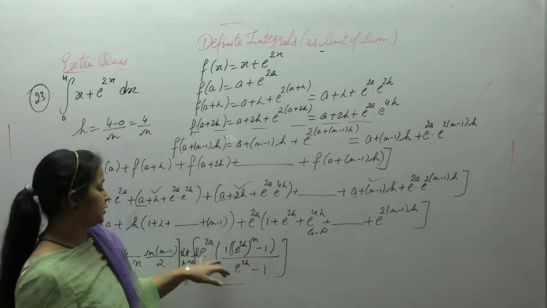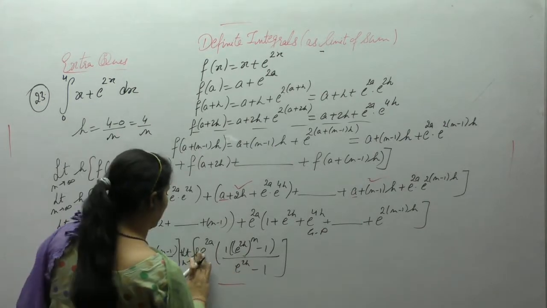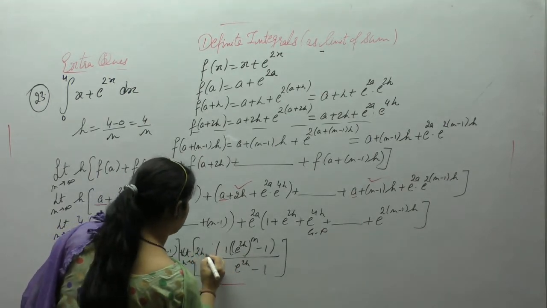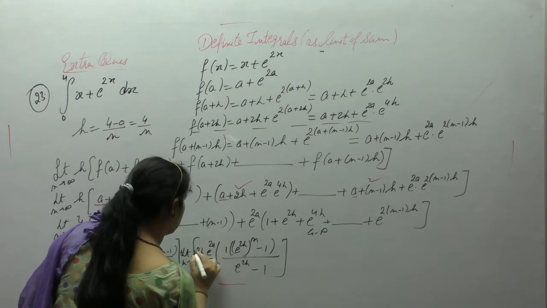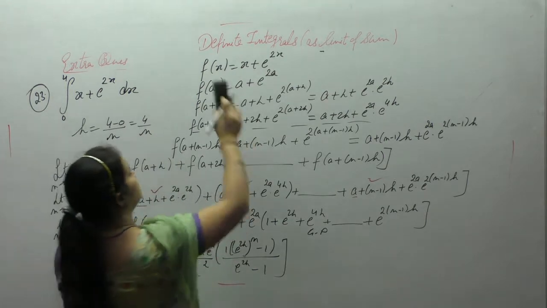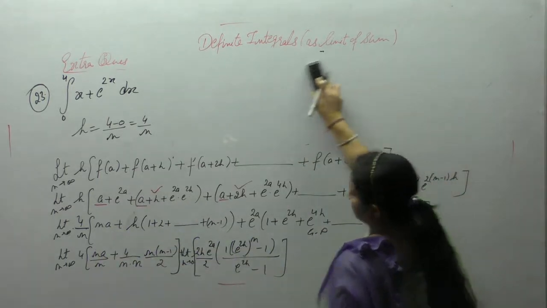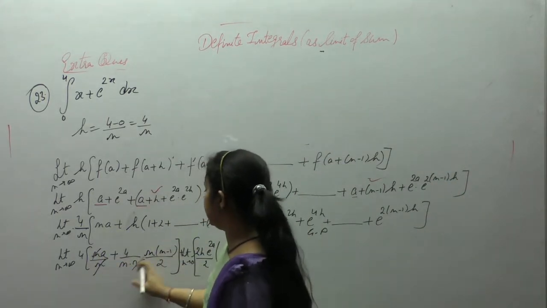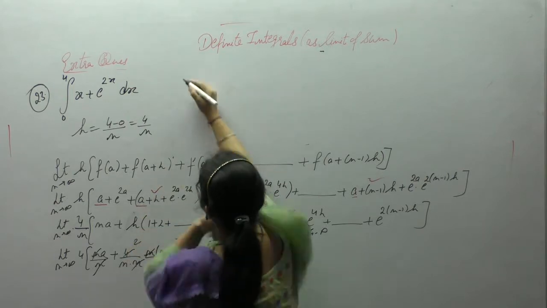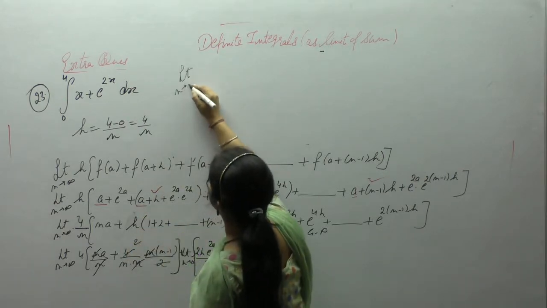Now we want 2h here, so we will multiply and divide here by 2, and cancel.